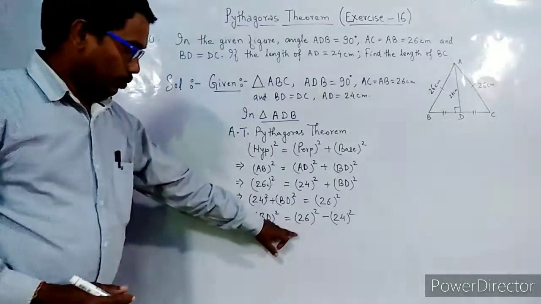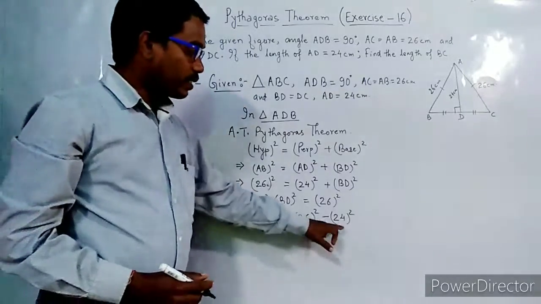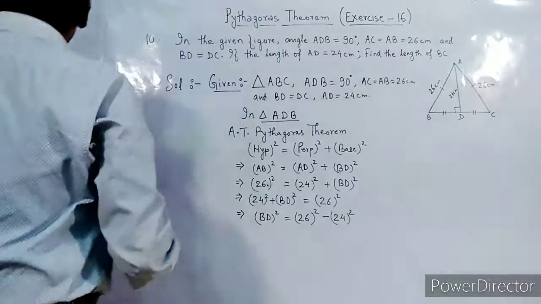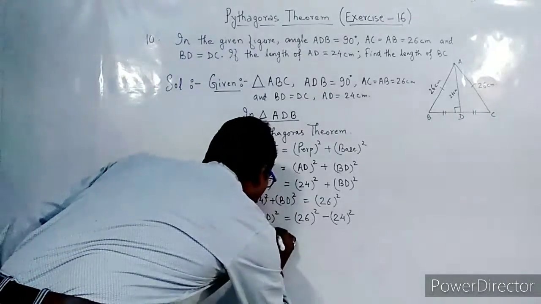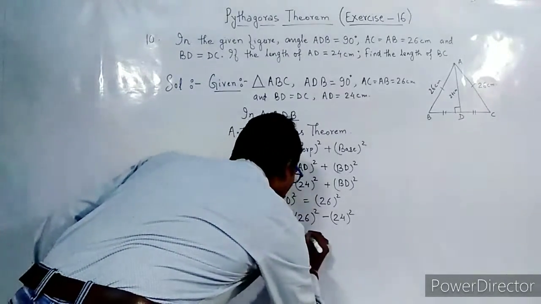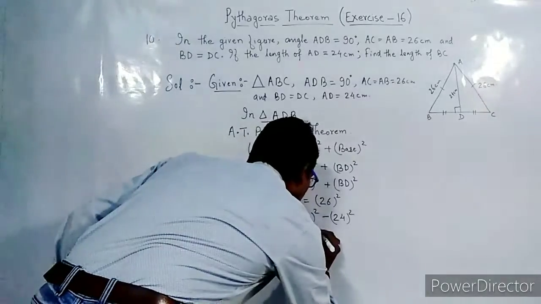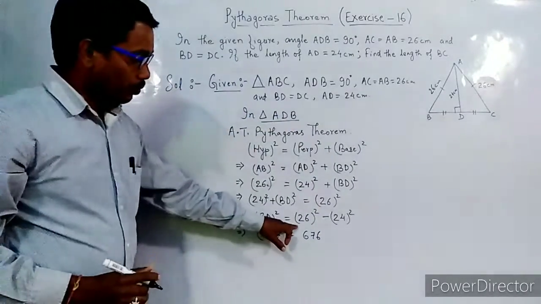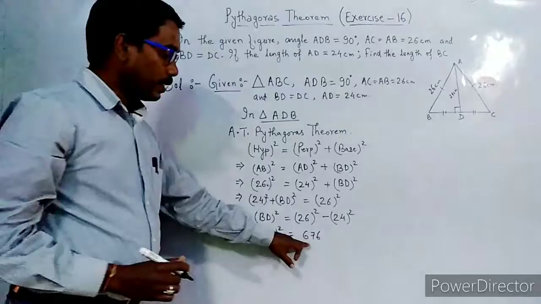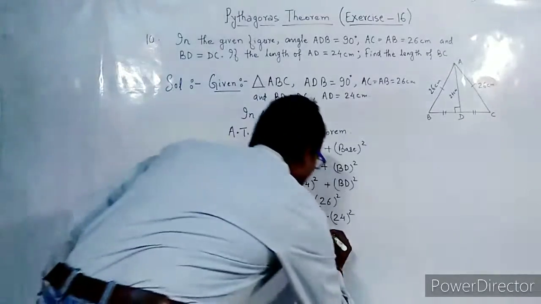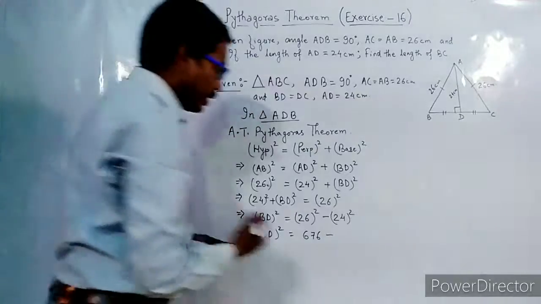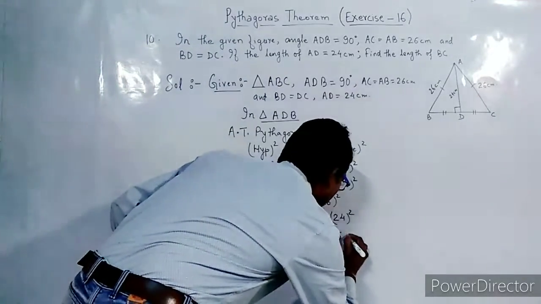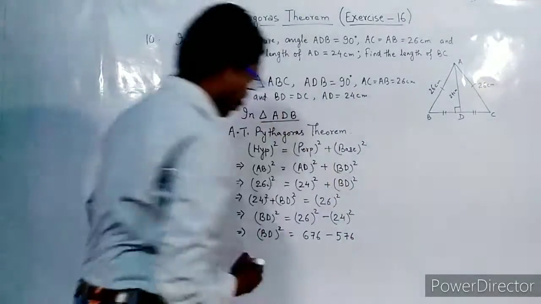Now we will write the square of 26 and the square of 24. So BD square equals 676, since the square of 26 is 676, and the square of 24 is 576.